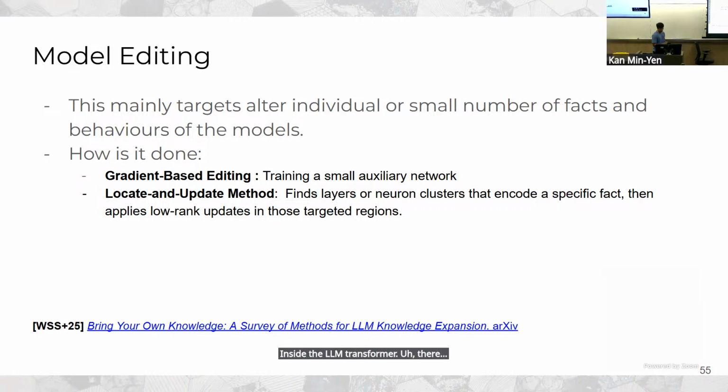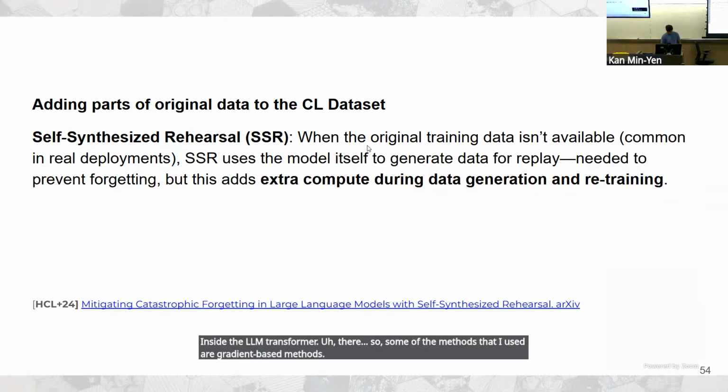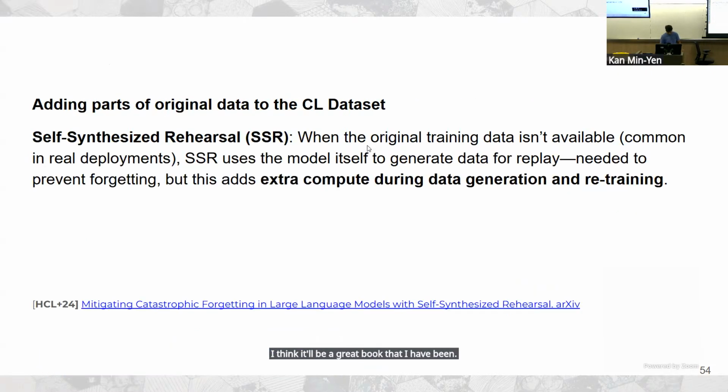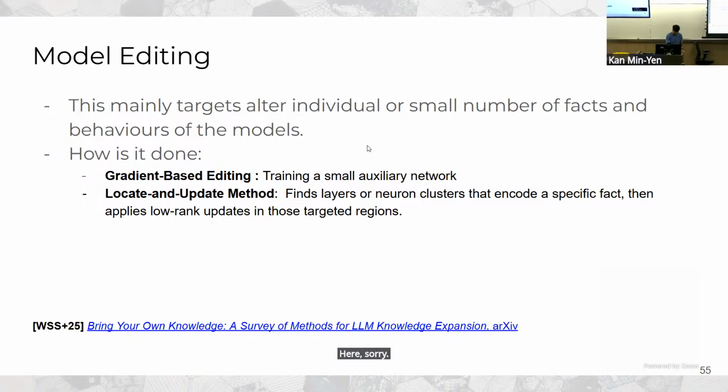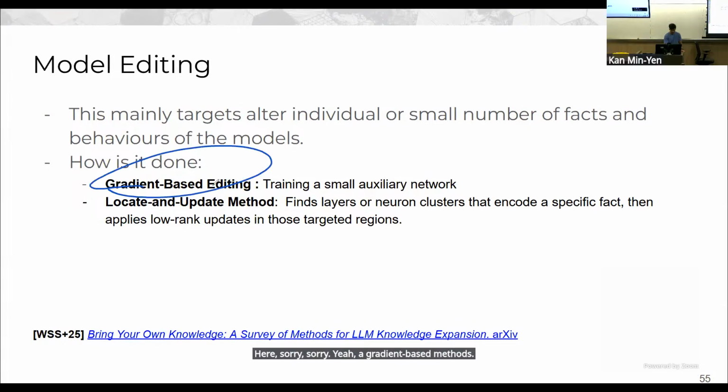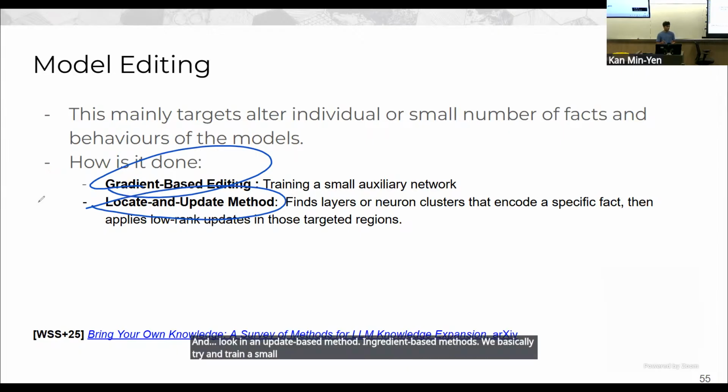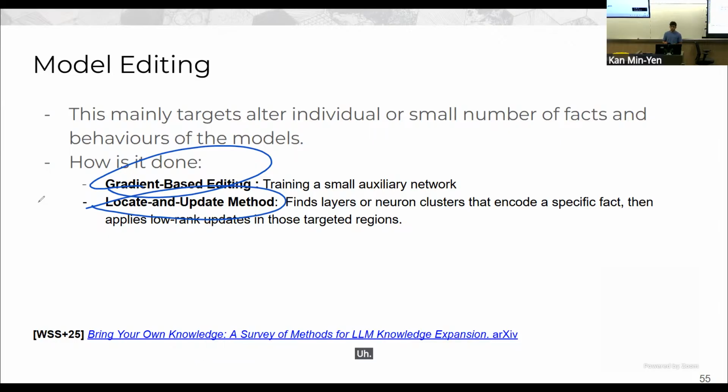Some of the methods that I used are gradient-based methods and locate-and-update-based methods. In gradient-based methods, we basically try and train a small MLP inside the model, which helps us to alter the sequence it generates.